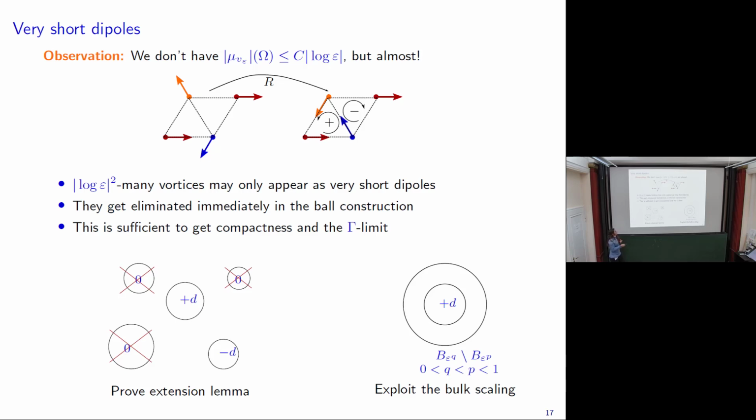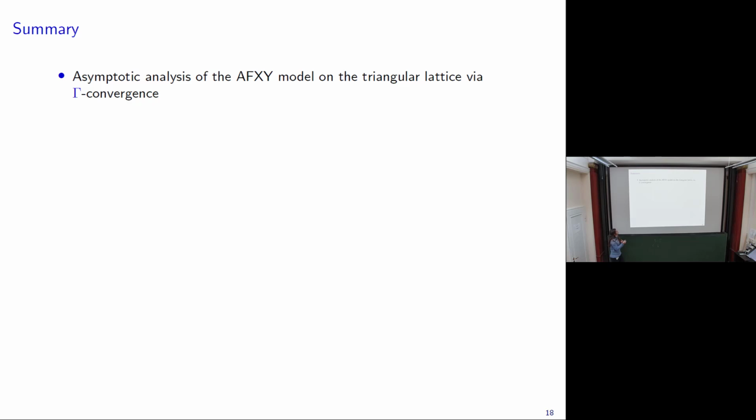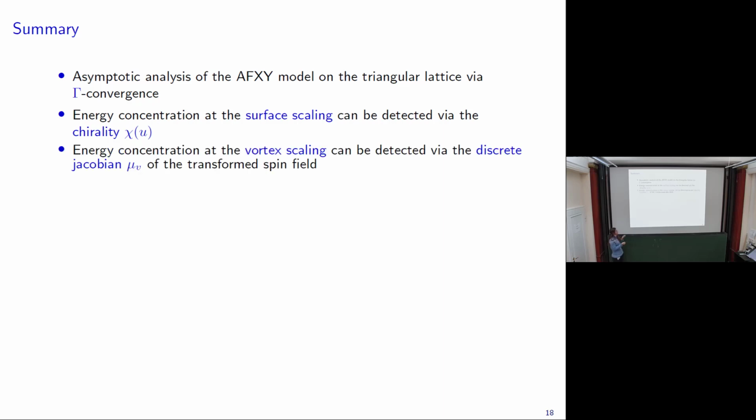Okay, and I think with that I close. I give you a little summary of what we have seen. So we have seen the asymptotics of the antiferromagnetic AFXY model. In gamma convergence, we have seen that on the surface scaling, we have the chirality variable, which detects the interesting features, where we can get compactness and with which we can express a gamma limit, which is of surface type.